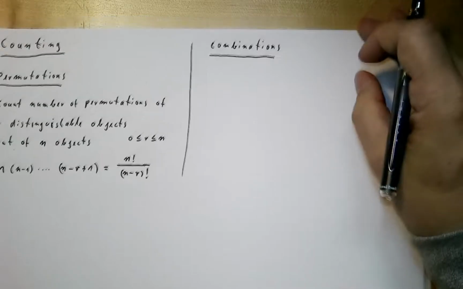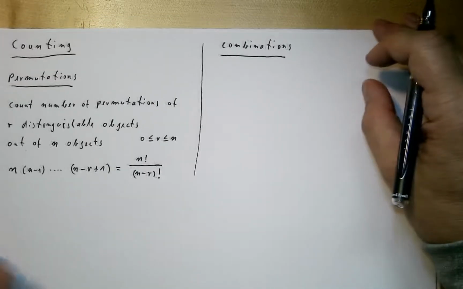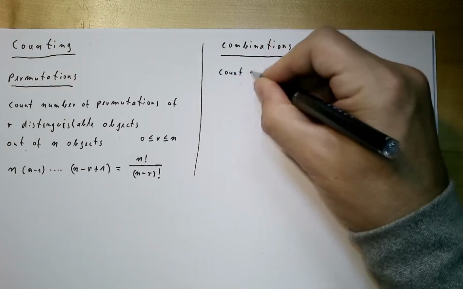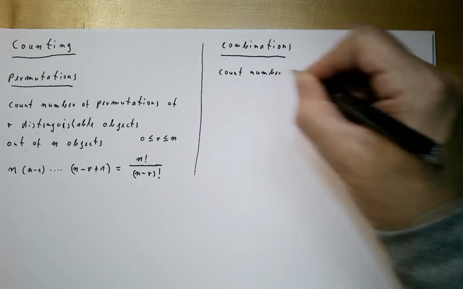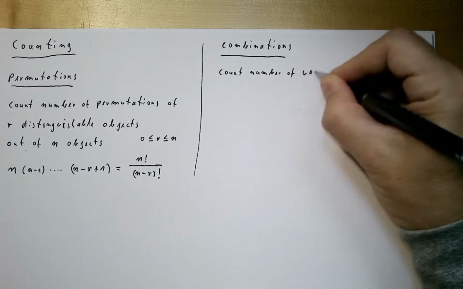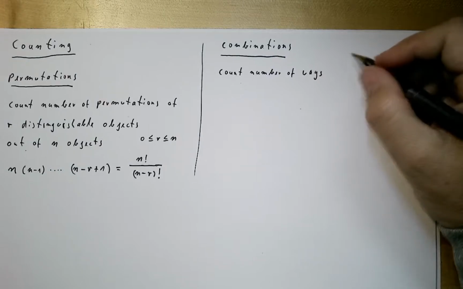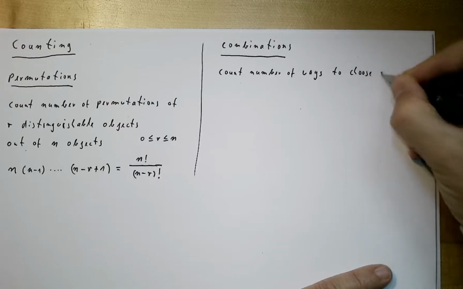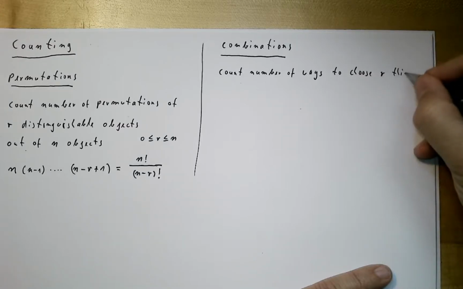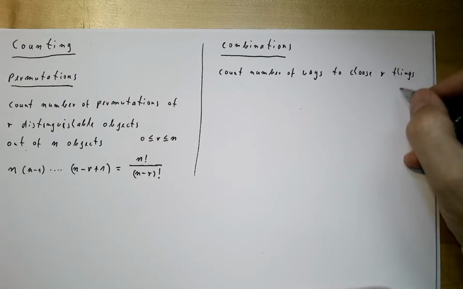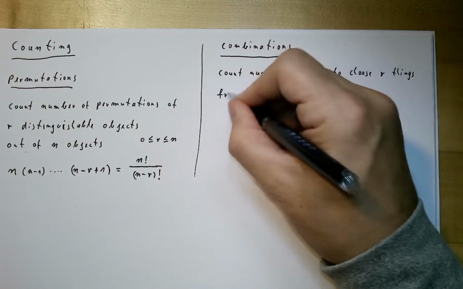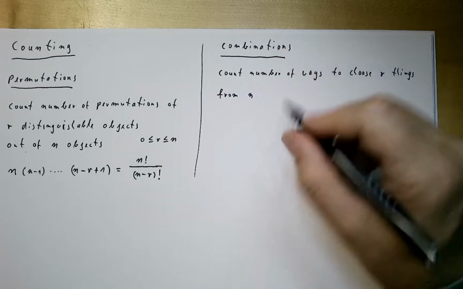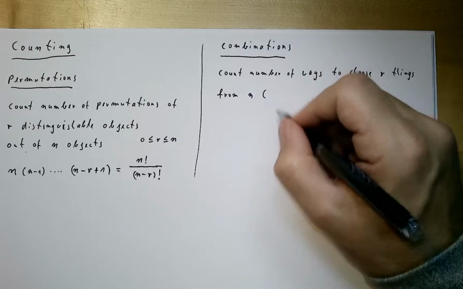So now we want to count the number of ways that we can choose r things or r objects from the n, meaning we take no account of order.